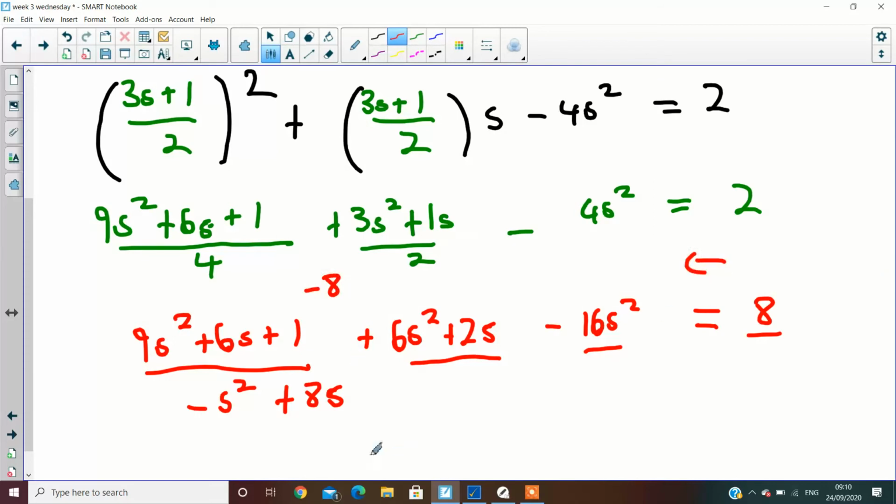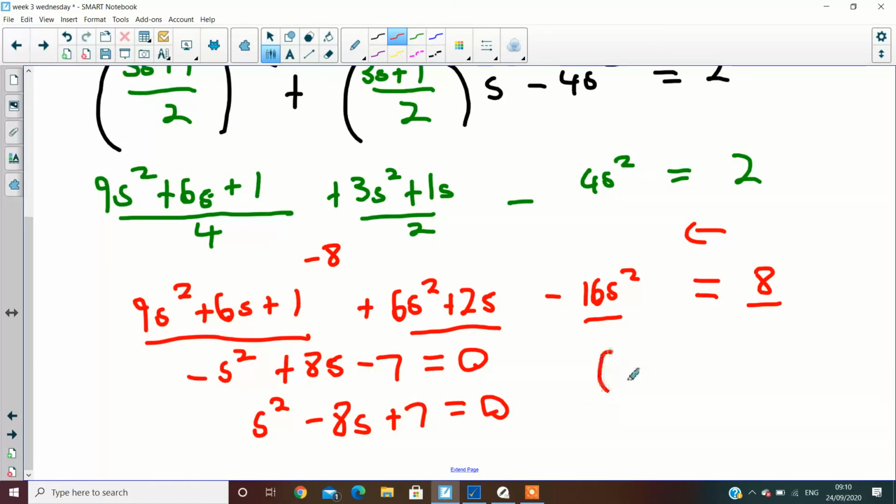What's 1 take away 8? Minus 7. Multiply both sides by a minus. Starting to smile now because I know I can do this quite easy. And what do you get there? s minus 1 and s minus 7 equals 0. s equals 1 and s equals 7. Is that okay?